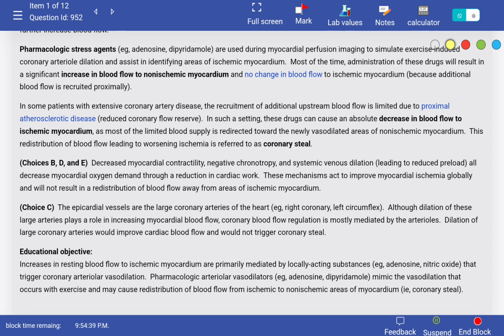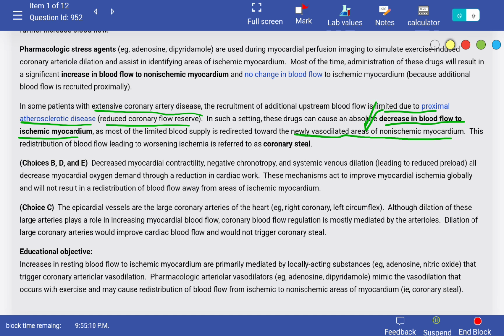In some patients with extensive coronary artery disease, the recruitment of additional upstream blood flow is limited due to proximal atherosclerotic disease, a reduced coronary flow reserve. In such cases, these drugs can cause an absolute decrease in blood flow to the ischemic myocardium, as most of the limited blood supply is redirected toward the newly vasodilated areas of non-ischemic myocardium, just like above.